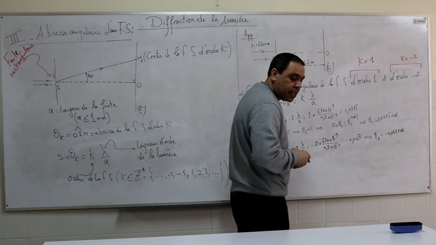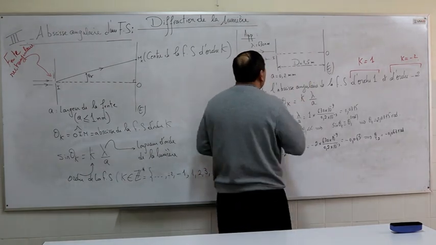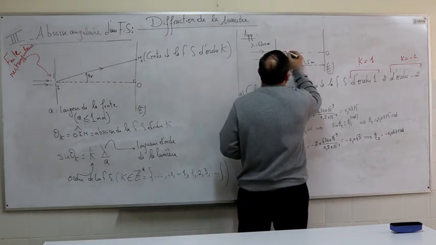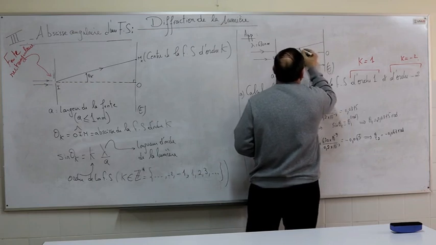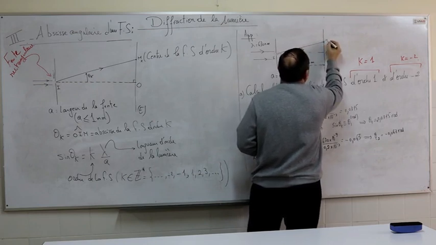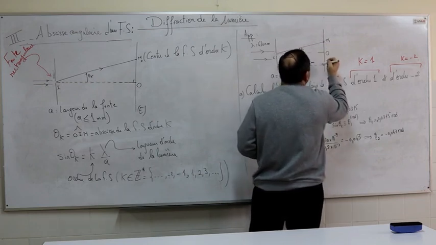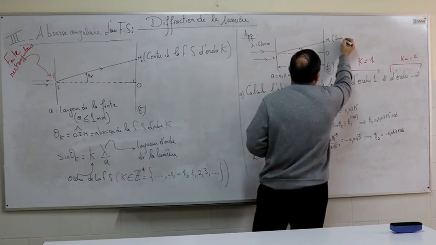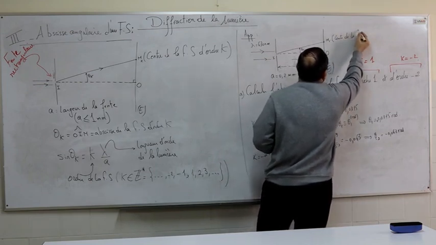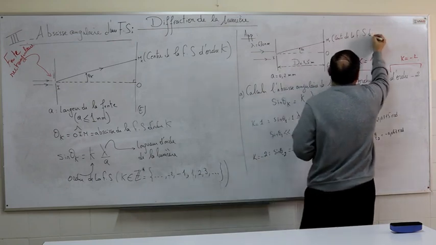So as you notice, theta can take either a negative or a positive value. That is to say that theta 1 corresponds to the dark fringe of order 1. For example, this is theta 1. This is M1, which is the center of the dark fringe of order 1.